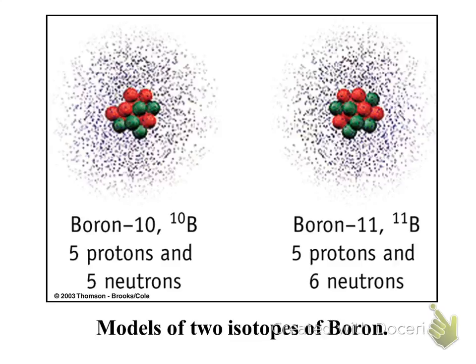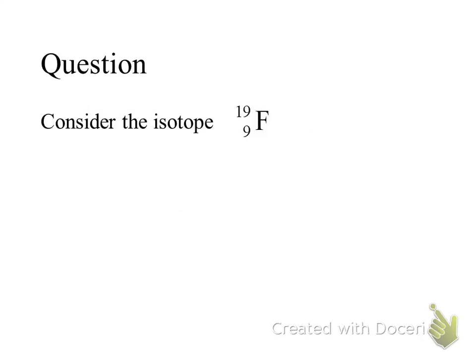So for this mass number, we have 5 protons and 5 neutrons. For this mass number, since it's boron, we have 5 protons and 6 neutrons. Sometimes I'll ask ahead of time, which one did I increase? Looks like the green got more abundant, so the green must be the neutrons.